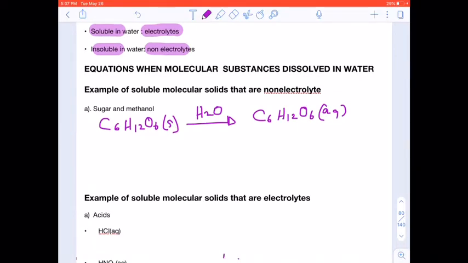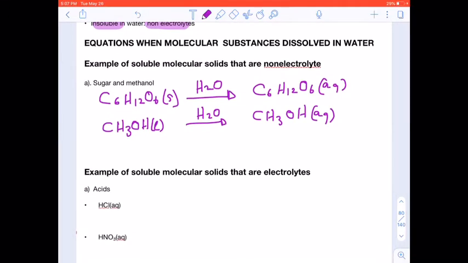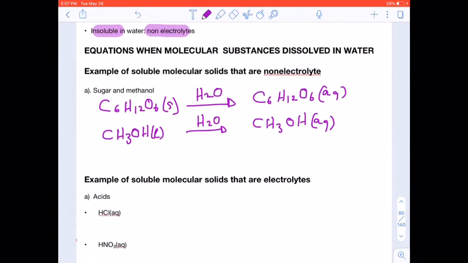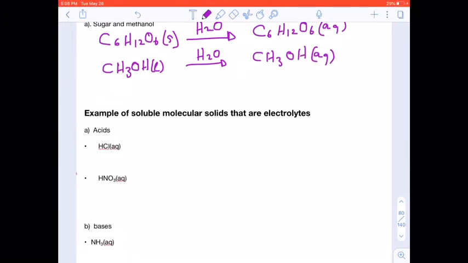And if we have, for instance, CH3OH, which is methanol, and if we add water to it, it becomes CH3OH aqueous. It also dissolves in water, but it doesn't form any ions. Now, these are molecular substances, so they are non-electrolytes.